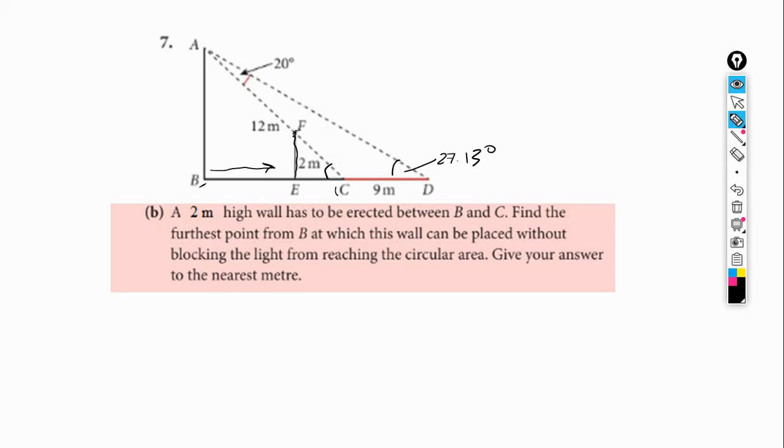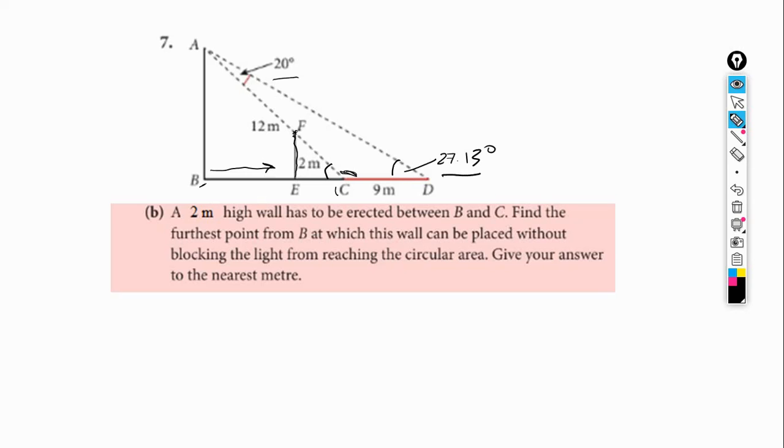How so? Well, look. If you look at this angle here inside the triangle, that angle has to be whatever is left from 180 degrees after subtracting these two other angles, the 20 degrees and the 27.13 degrees.